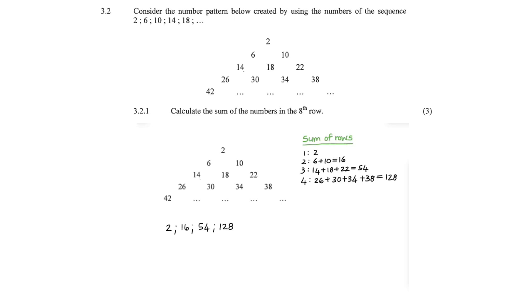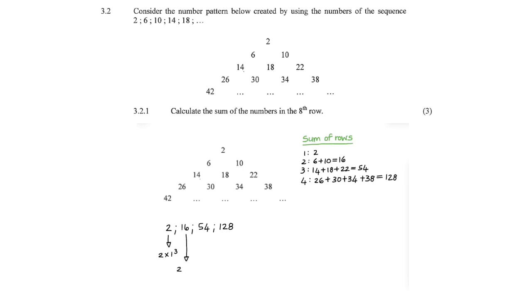So you will see that the sums of the rows follow a specific formula. Can you see it? Let me show you. So let's start with 2. 2 is the first value, so n is equal to 1 in this case. 2 times 1 cubed is equal to 2. Now, what about 16?